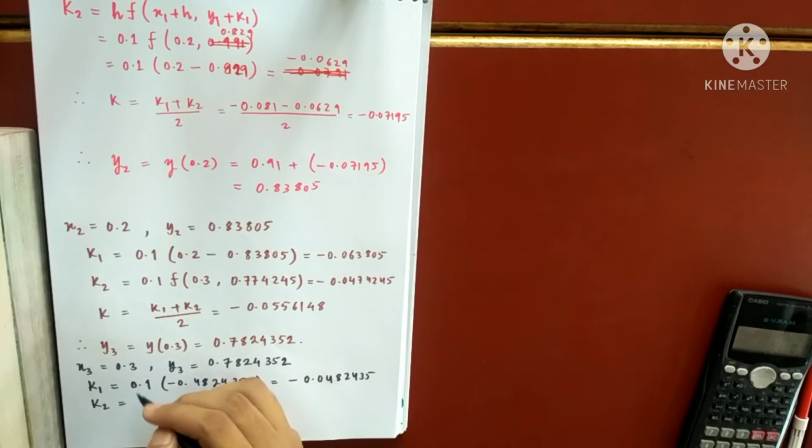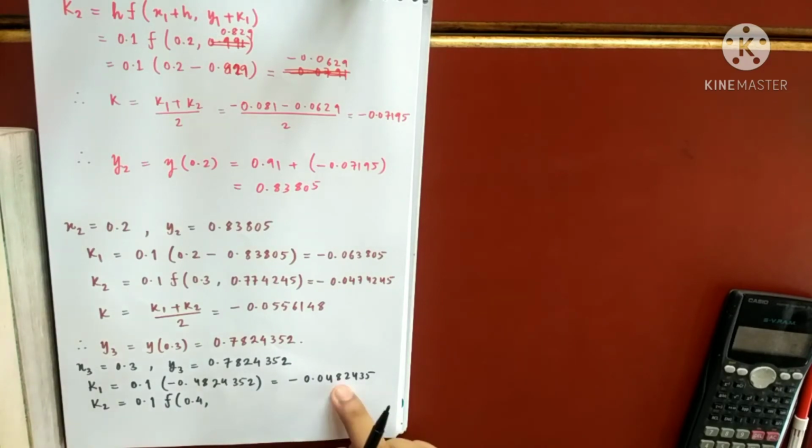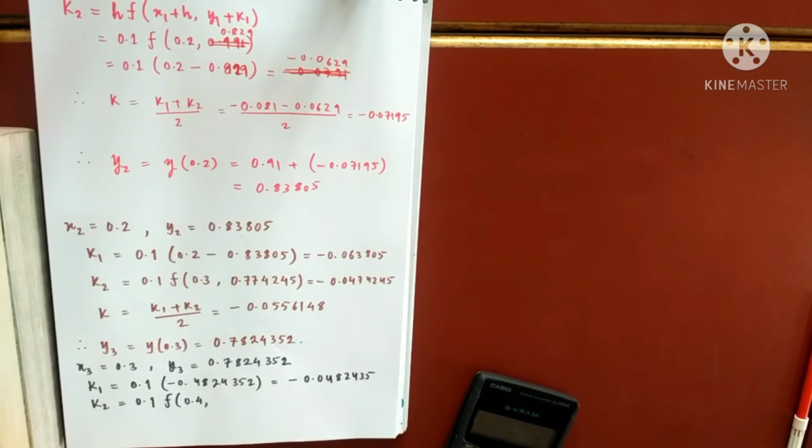So K2 is again h times f of x3 plus h, that will become 0.4 this time, comma y3 plus k1. So this plus this, so here is minus, so it will become minus. So 0.7824352 minus 0.0482435.